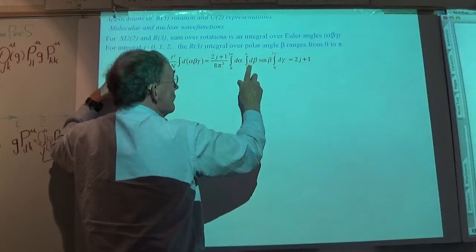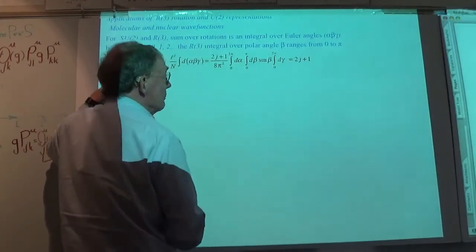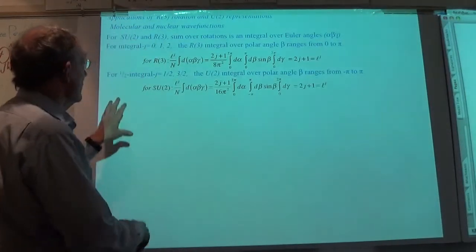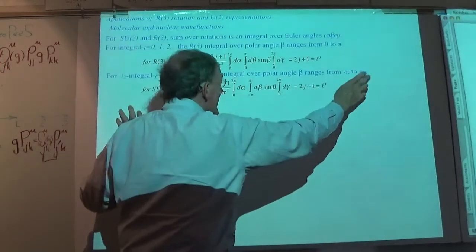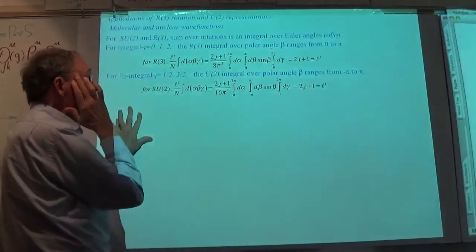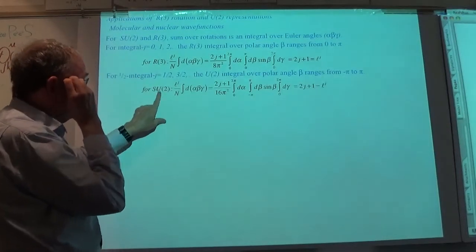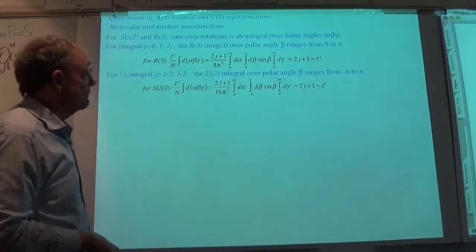I don't have to go from minus pi to plus pi, but I do have to take the other angles over 2 pi. For SU2, or U2, for half integral, the integral must go from minus pi to pi. It's twice as big. This group is twice as big as this one. So that's the difference. So you get 16 pi squared as your normalization for that.